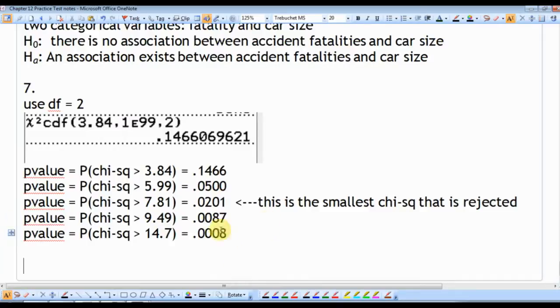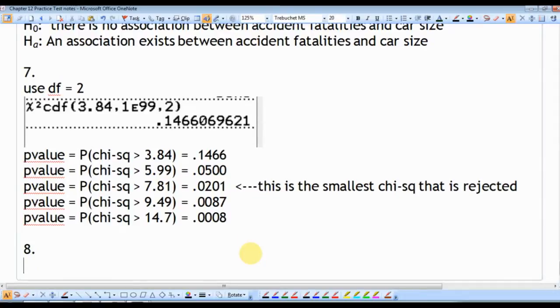If you just calculate all the p-values, you should be able to get to that. How did you get all the p-values? Use the chi-square CDF. No, it's not a program. It's a calculator function under distribution. Go to distribution, go down, see that one that looks like an X with a chi.